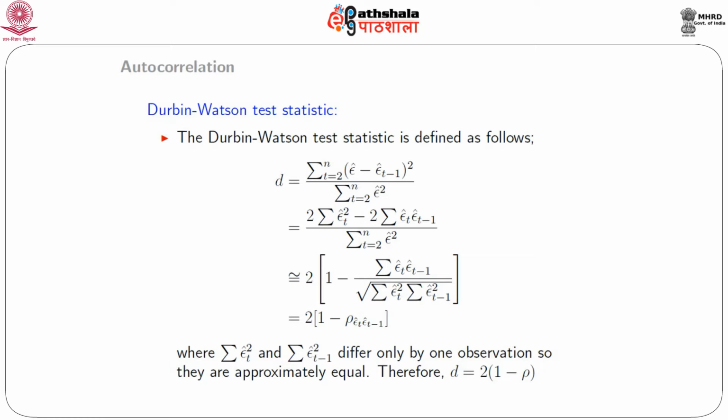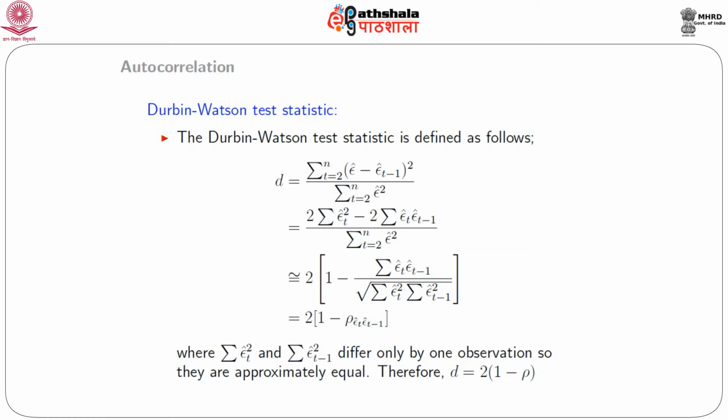So, as we can see here, we can write D equals summation epsilon hat t square plus summation epsilon hat t minus 1 square minus 2 times summation epsilon hat t epsilon hat t minus 1, divided by the denominator, which is the same as before, summation t equals 1 to n of epsilon hat t square.